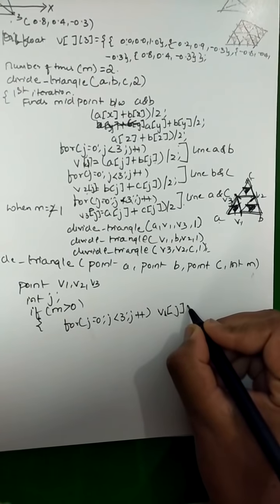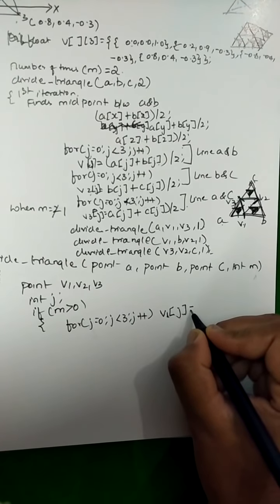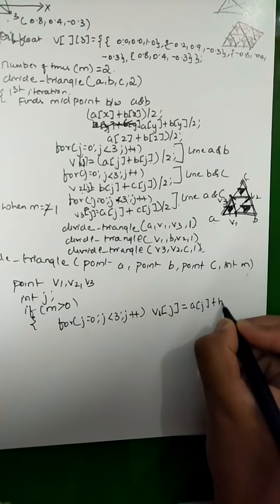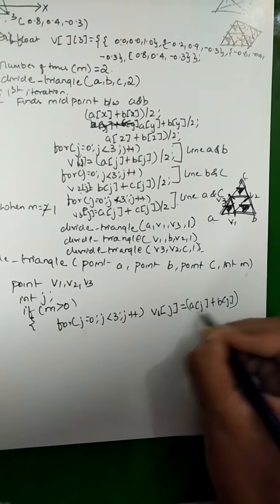So v1 of j equals a of j plus b of j divided by 2.